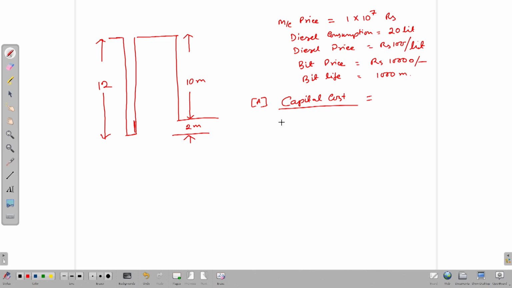Let us assume the machine life is 45,000 hours, which allows us to use the machine for 10 years with 4,500 hours per year.